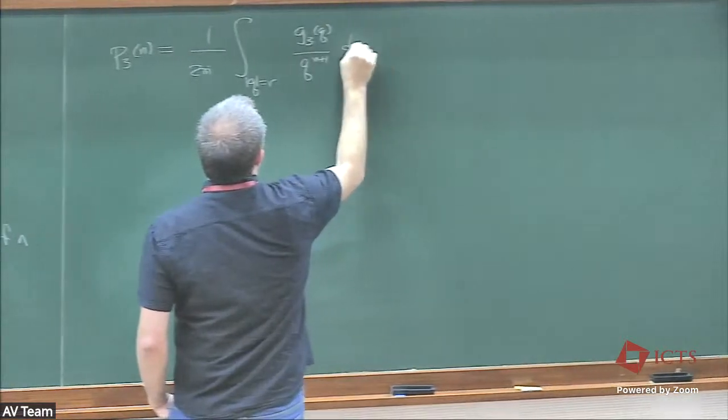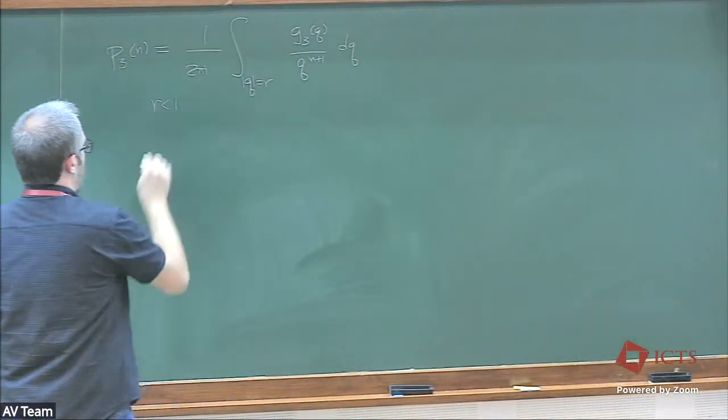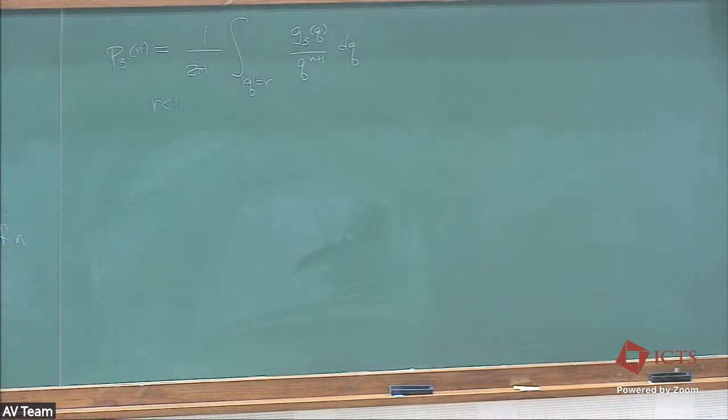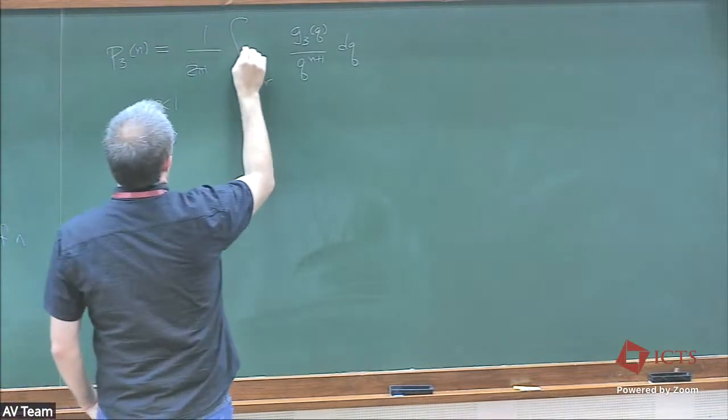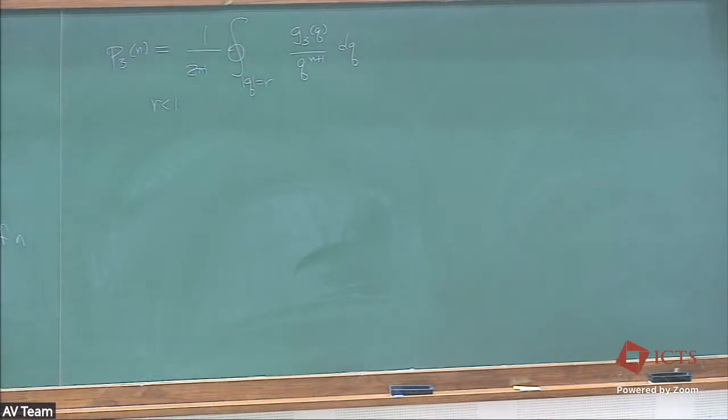I'm just using this formula here, and let's say we start with r less than 1. We're integrating in the counterclockwise direction. That will pick up the nth coefficient, and now what we're going to do is move the contour. We're actually going to move it out past the unit circle. But of course, this function has poles.